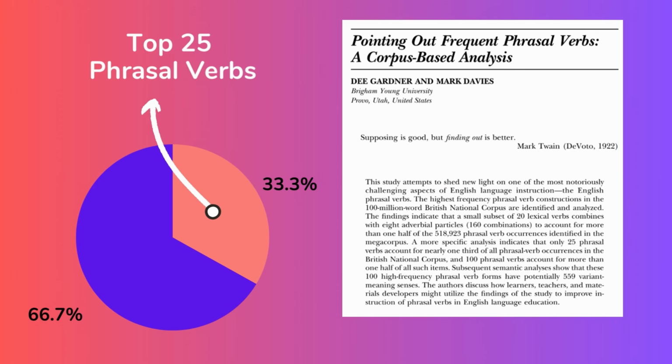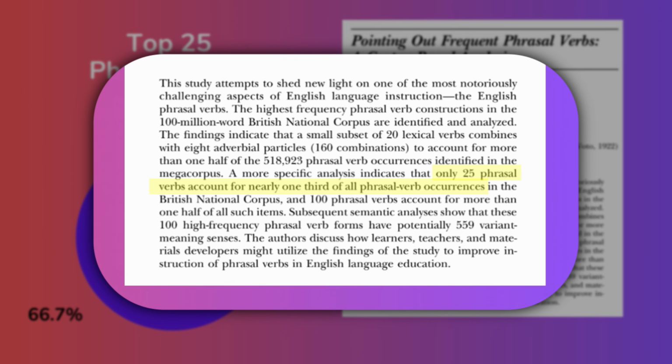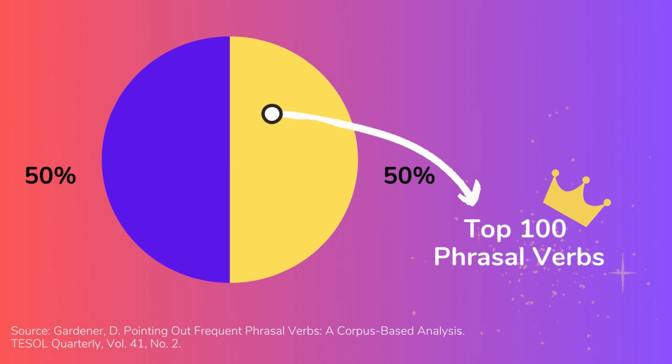Now, I have some great news for you this time. Research shows that 1/3, or about 33% of all the phrasal verbs we use consist of only 25 phrasal verbs. And it gets even better. The top 100 phrasal verbs are about 50% of all the phrasal verbs used by native speakers.